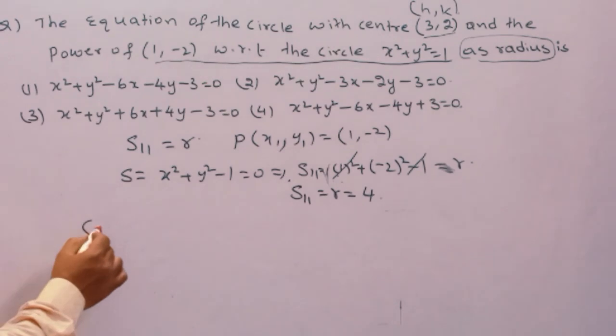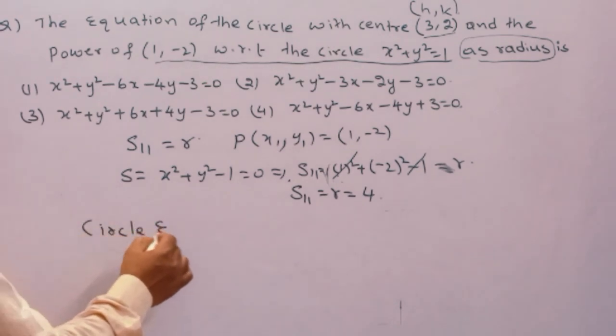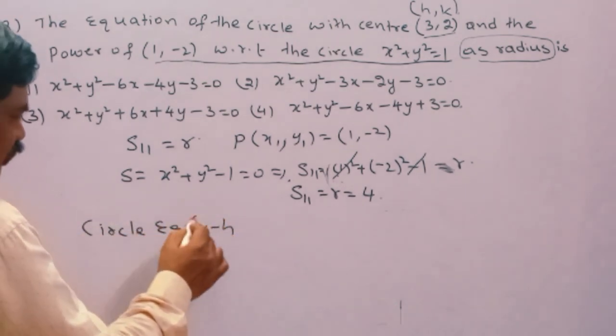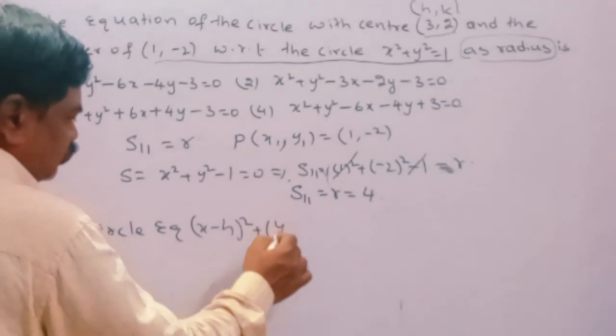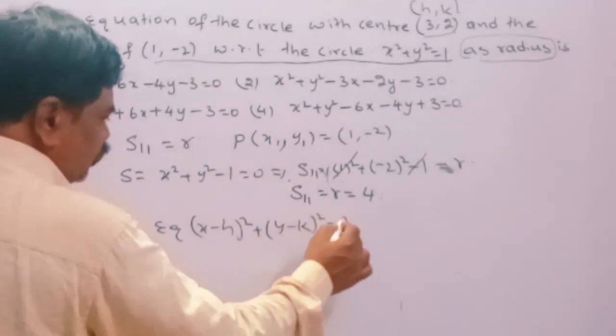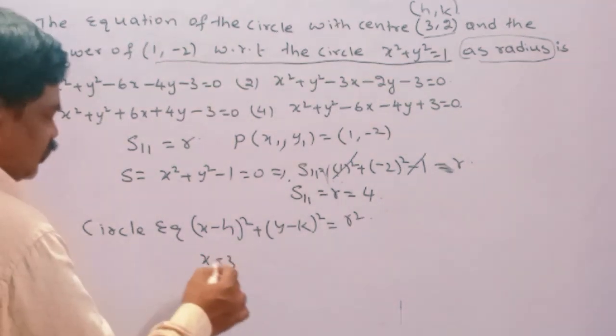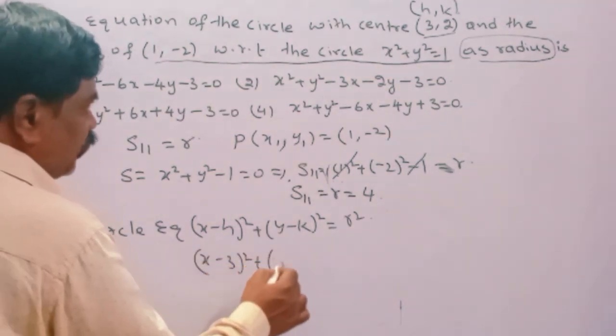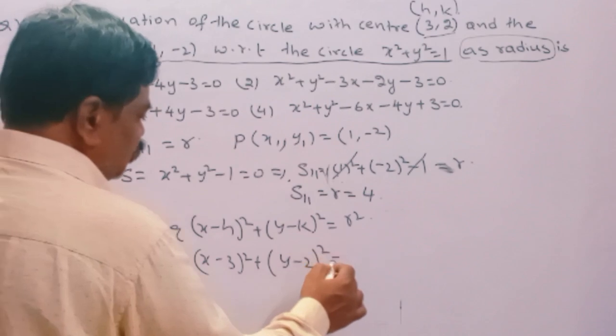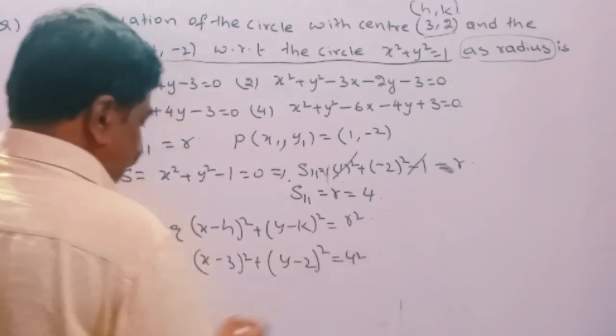Then the circle equation: x minus h whole square plus y minus k whole square is equal to R square. So x minus 3 whole square plus y minus 2 whole square is equal to 4 square.